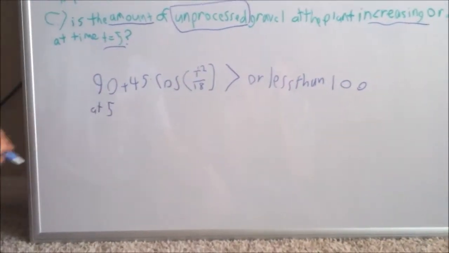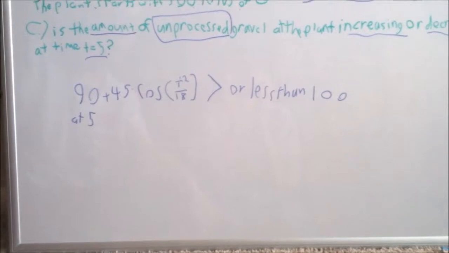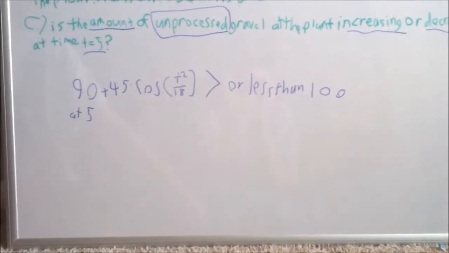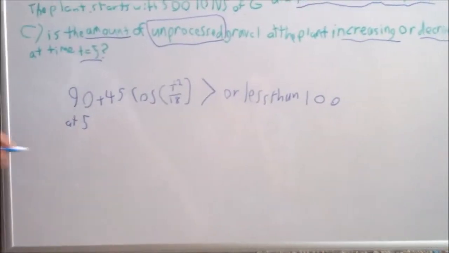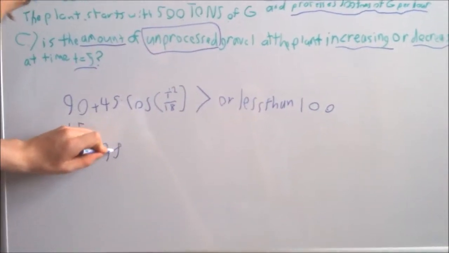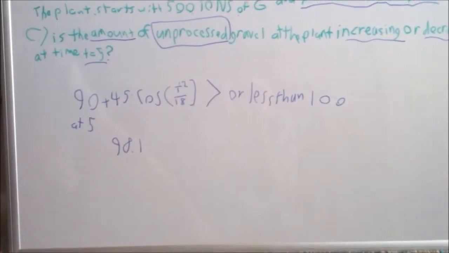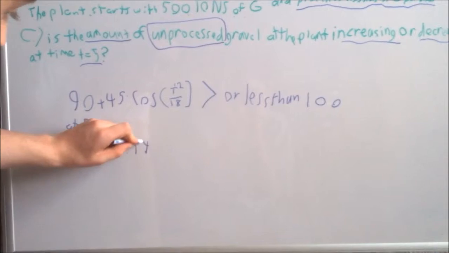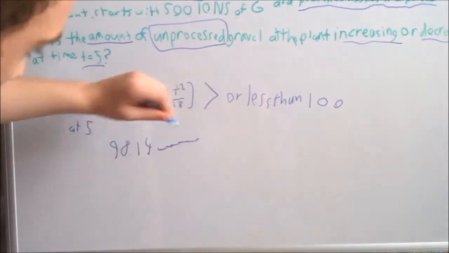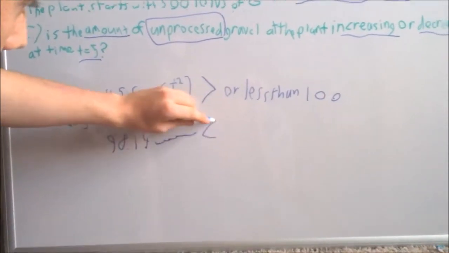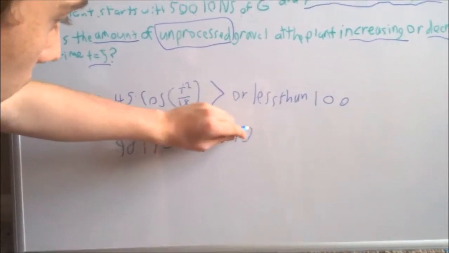And again, you have a calculator, so use it. The number you're going to get once you plug in 5 should be 98.14, and so on. Regardless, it is less than 100.